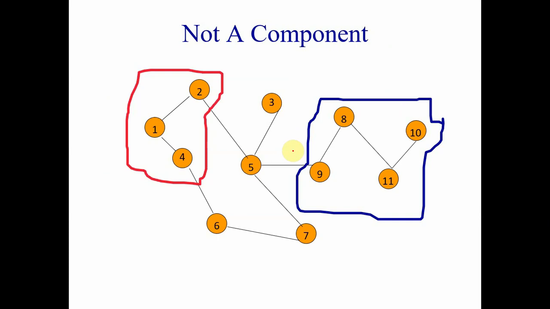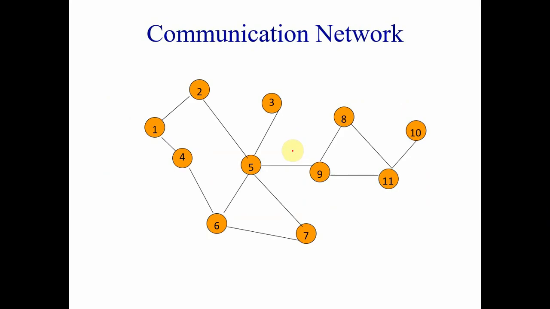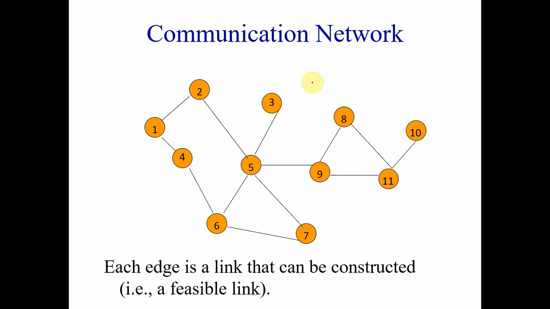Knowing this property, we can think about a communication network in which we would like every vertex to be connected to others. If you build a communication network, each edge is a link that can be constructed. We have to make it feasible so that everyone can communicate with another as long as there's a path.